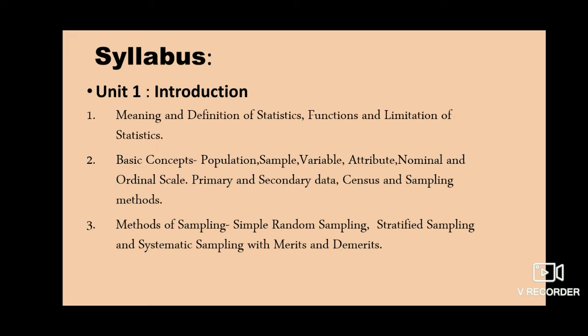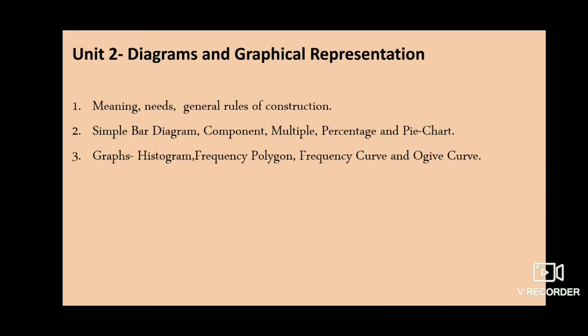Here you have meaning and definition of statistics, functions and limitation of statistics, some basic concepts such as population, sample, variable, attribute, nominal and ordinal scale, primary and secondary data, census and sampling methods. Method of sampling: here you have simple random sampling, stratified sampling and systematic sampling with merits and demerits.